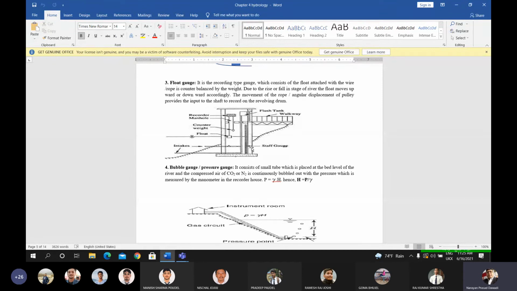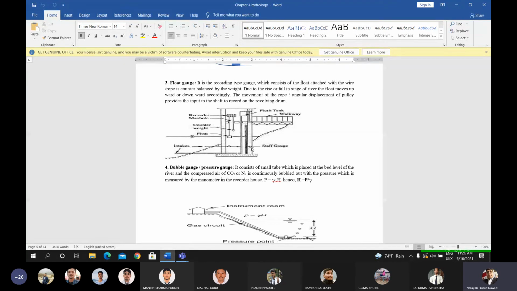The water level of the river and the water level in the sink well are the same, and the floating object, the float, rises up or down according to the change in the stage of the river, the change in the river water level. This float is counterbalanced by a weight, as seen in the figure.